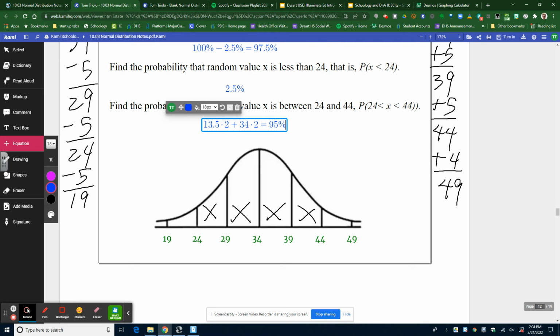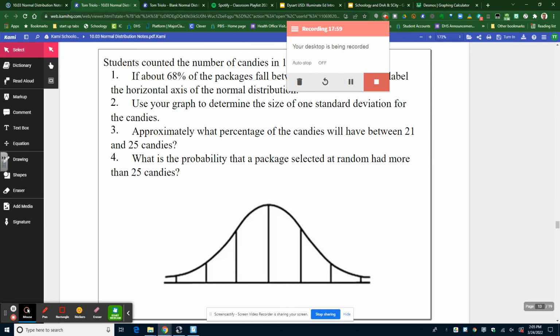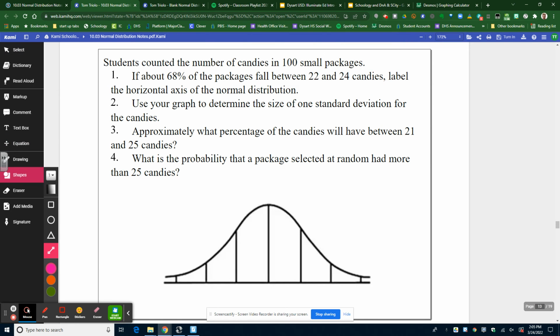A minute or two, look that one up. And then look on the next page, because they don't give you some stuff. It is right here. They tell me that 68% of the packages fall between 22 and 24. So that's 34 here and 34 here.